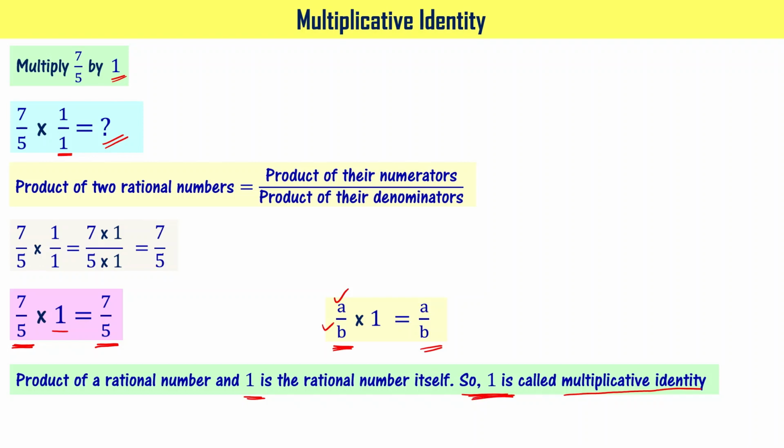Please note this. When you multiply A by B with 1, nothing has changed. You get A by B as is, as the answer. That's why, since the identity of this particular rational number is maintained while multiplying with 1, the 1 is called multiplicative identity. Please note this.